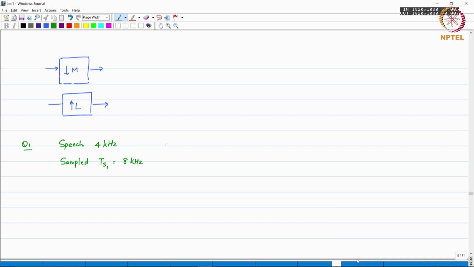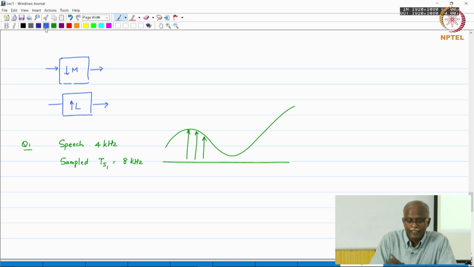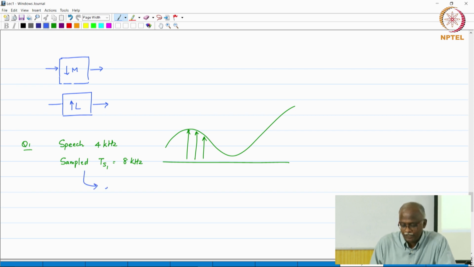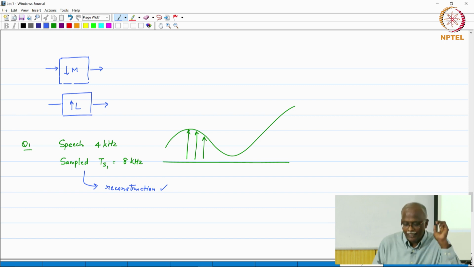So in other words, there is speech which I have sampled at 8 kilohertz. This basically tells me that I should be able to reconstruct it with high fidelity. Reconstruction possible, yes.